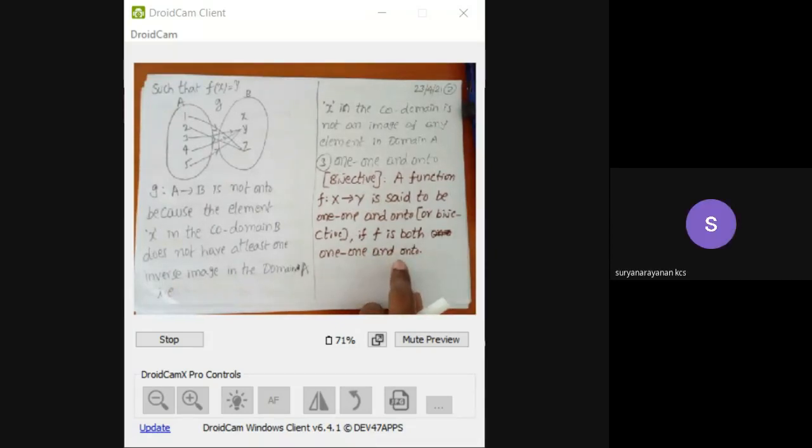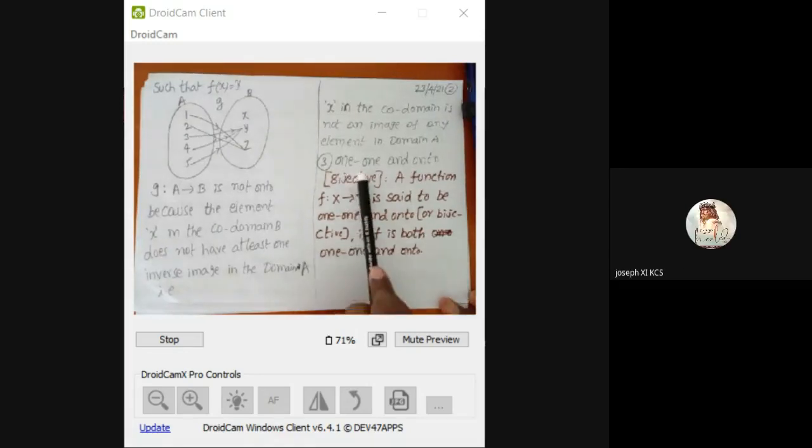Next, Grayson. A function f is a mapping from x to y is said to be one-one and onto or bijective function if f is both one-one and onto. Next, Joseph.